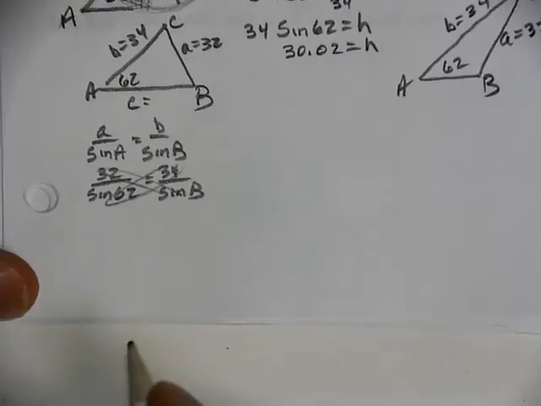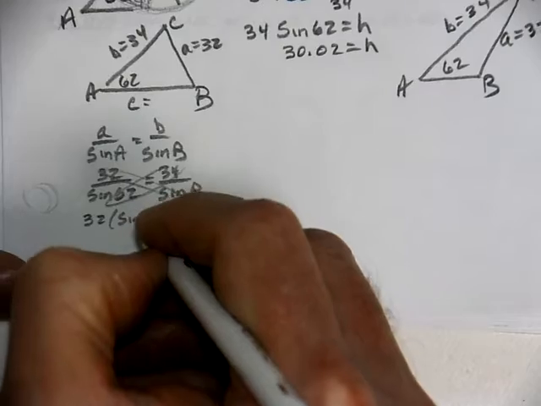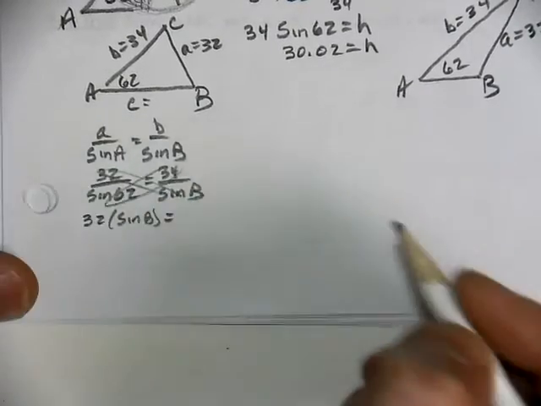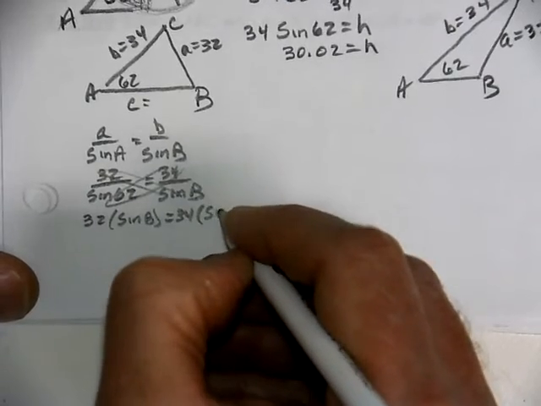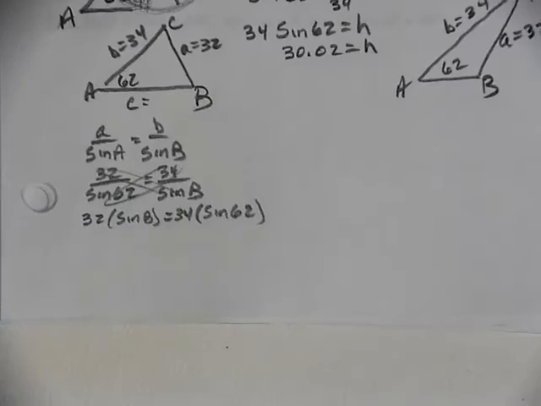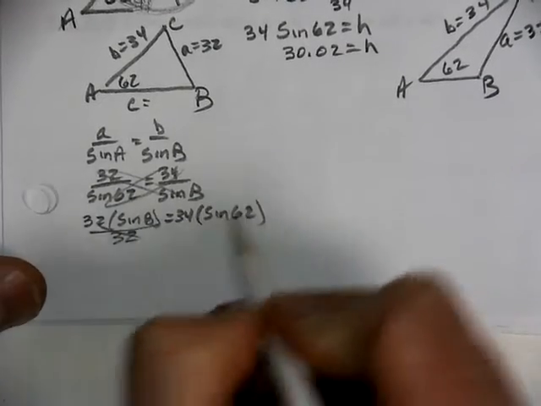So we'll cross multiply to get 32 times the sine of B to equal 34 times the sine of 62. So we'll divide by 32.